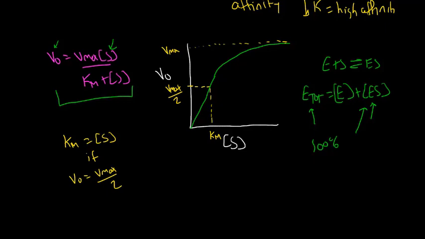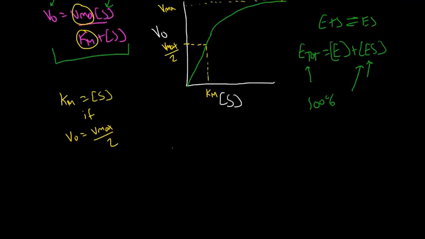This is really useful because it allows us to look at a plot of substrate concentration and initial velocity and very quickly estimate the Vmax and the Km. These are the two really important kinetic parameters that we want to get so we can understand how efficient the enzyme is.